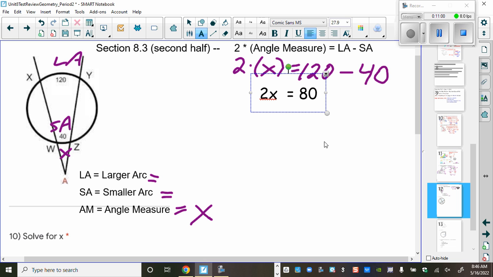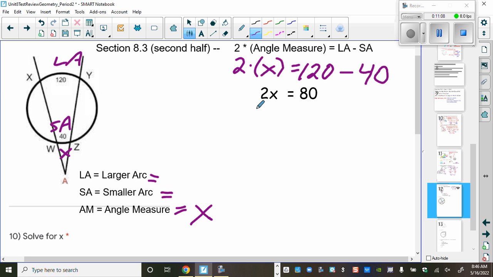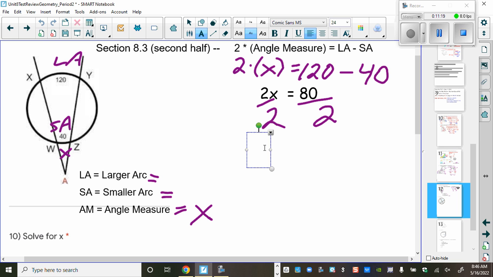2x equals 80. And what's the only thing now we need to do? So one final step. Only step we have to take. There you go. So then x will equal. What's x going to equal? 40.